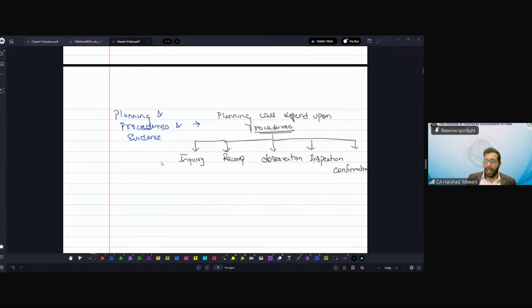Recomputation, I may ask for some data. Based on the date, they will provide me the data. I need to perform the recomputation. Confirmation, I will draft the confirmations, I will send out the confirmations, will get the data, and I will report. So again, it depends upon the procedure, and your planning will depend upon these kind of procedures. Clear with this?